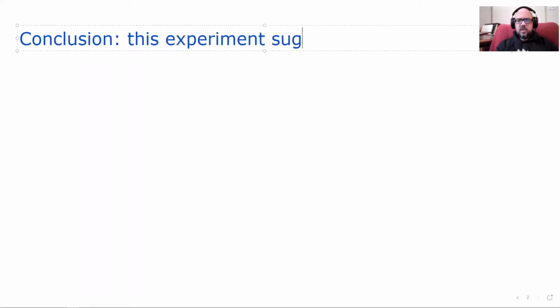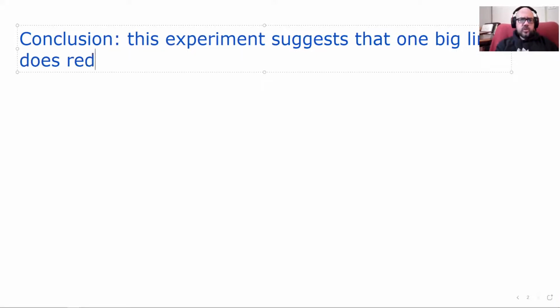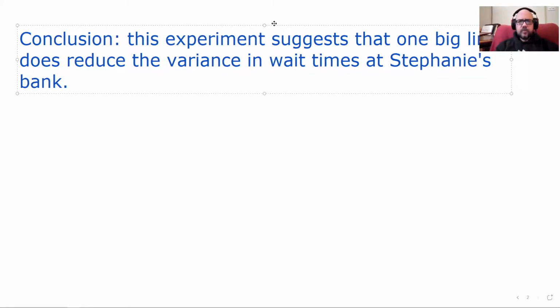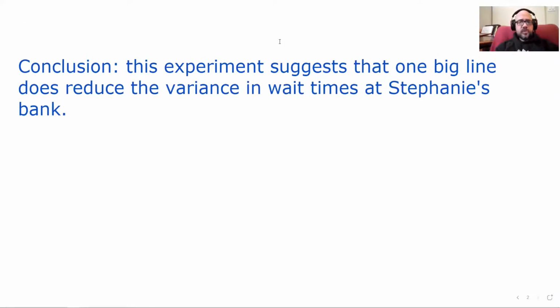Experiment suggests that one big line does reduce the variance in wait times at Stephanie's bank. There's my conclusion. Seems pretty straightforward, right?